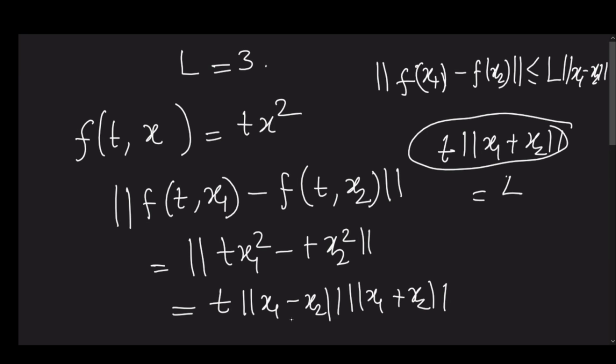But for finite x, you can see that this function holds good for Lipschitz with respect to t. If I ask you to check the function for t, then instead of considering the variation for x, you need to consider the variation for t.